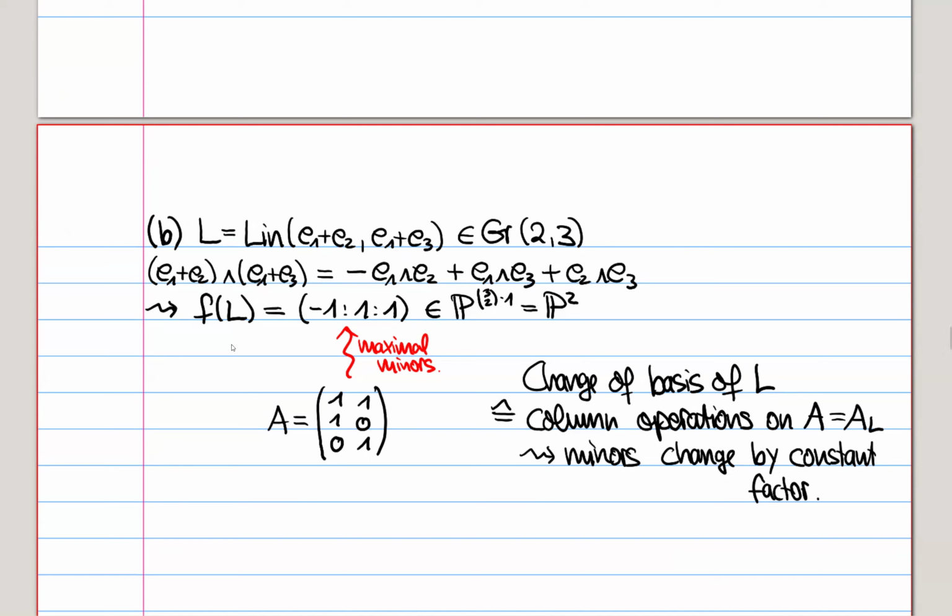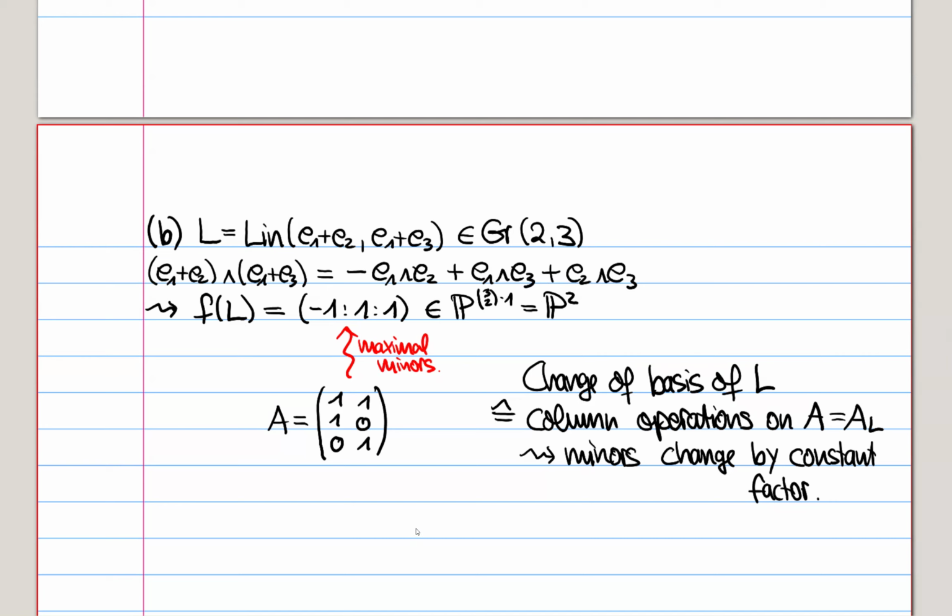And what we do is we take this wedge product and we can expand it as we have seen before, and it is expanded exactly as this sum of 3 terms here. And you see the coefficients are -1, +1, +1. And so f of L is then just given by this vector here, -1, 1, 1, in this projective space. And we can see the coordinates of this vector are exactly the maximal minors of this matrix here.